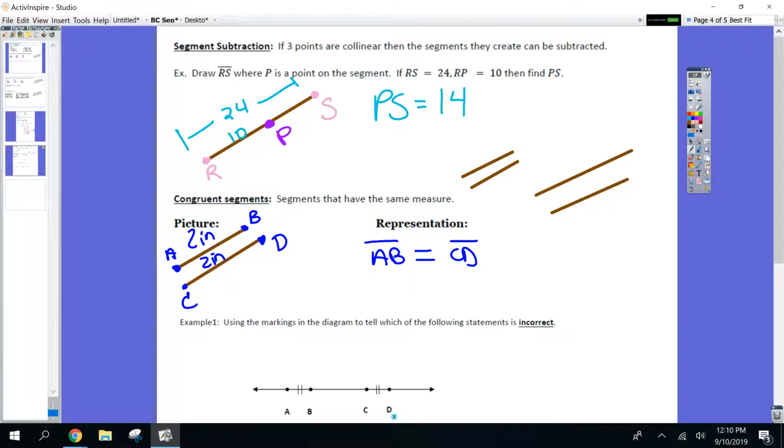The similar symbol. You put the squiggly on there with the equal sign. That is the symbol for congruent, ladies and gentlemen.